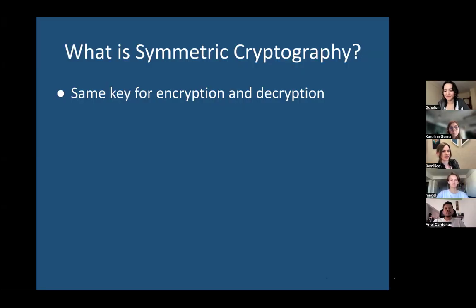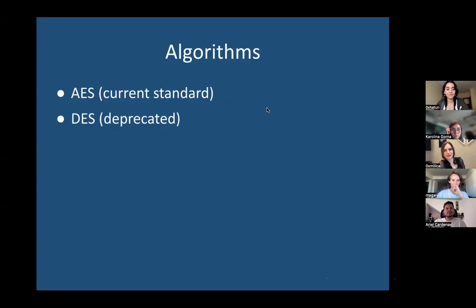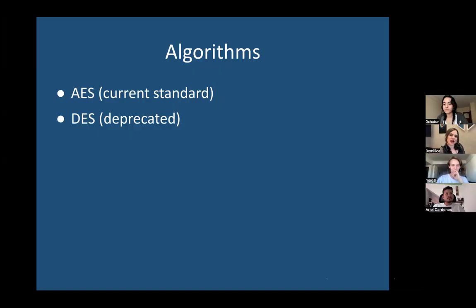So let's say that's your secret key, but the problem with that is that you have to find a way to share that key. So we have the Advanced Encryption Standard, and DES, which is deprecated. These are the algorithms.